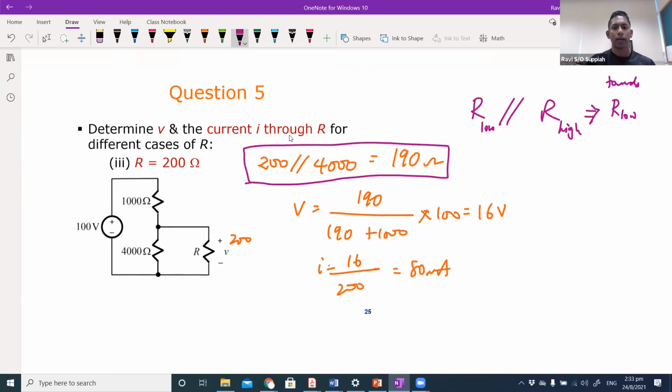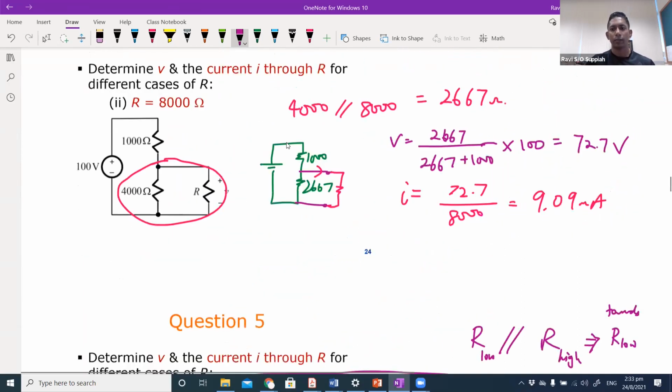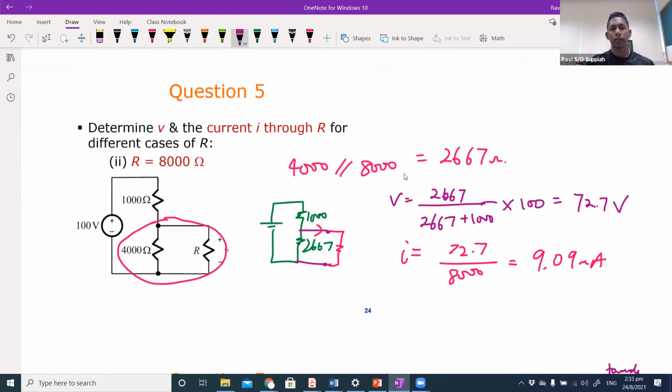Whenever you have resistors in parallel, the end result will always be closer to the lower value. Over here as well, 4,000 and 8,000, the end result is 2667, which is closer to the lower value.